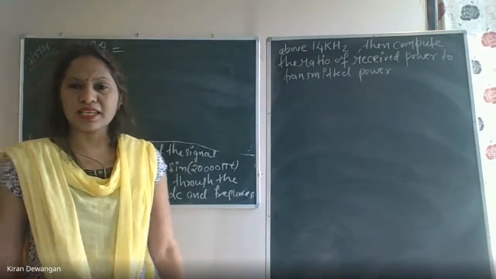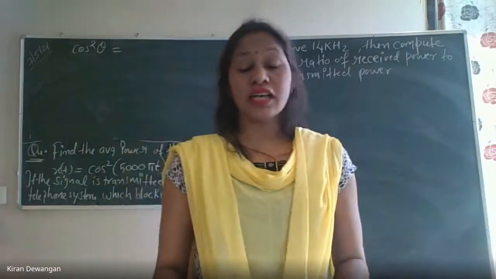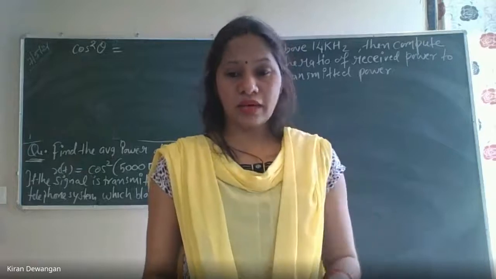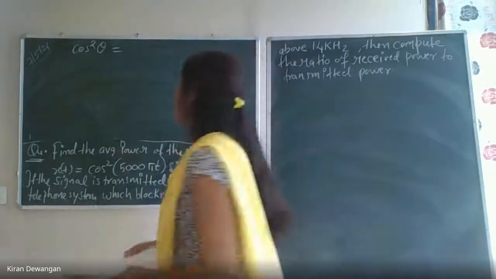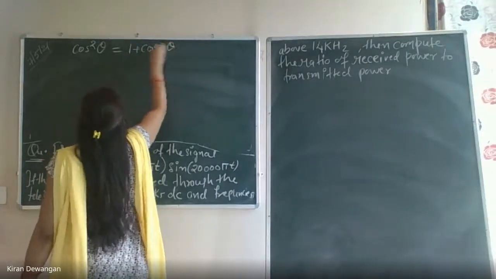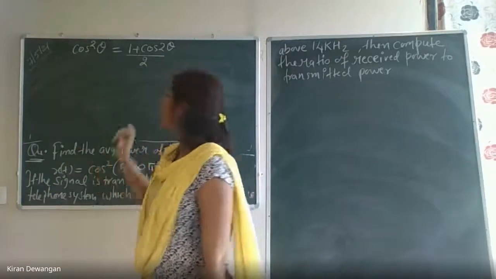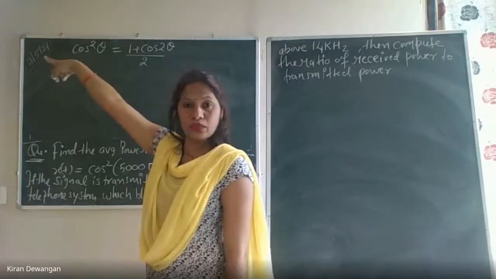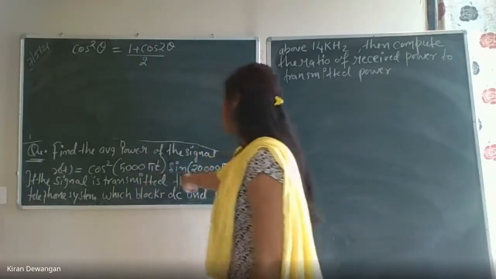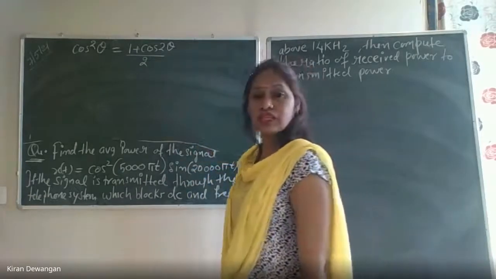No. Cos square theta I'm asking. It is 1 plus cos 2 theta by 2. Right? मतलब basically हमें वो square term को eliminate करना है. We'll have to remove the square term because this one is a cos square term and this is directly a sin term. So that can be written as 1 plus cos 2 theta by 2.